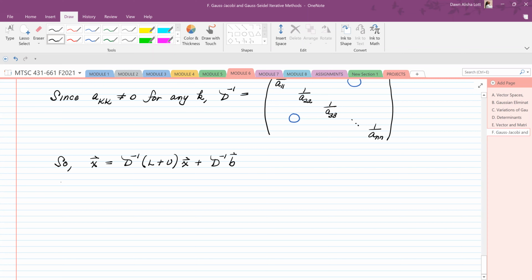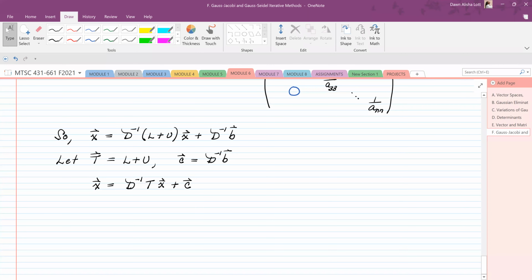Okay, so if you let T now equal L plus U, and you let the vector C equal D inverse B, you now have X is equal to D inverse times T X plus C. I'm sorry, put D inverse inside of here.